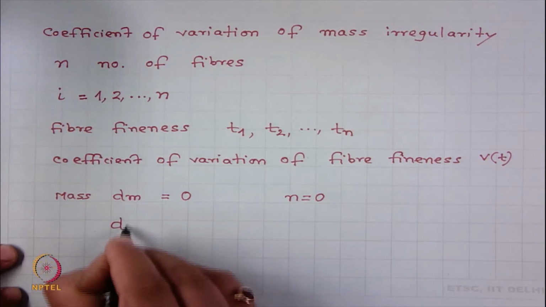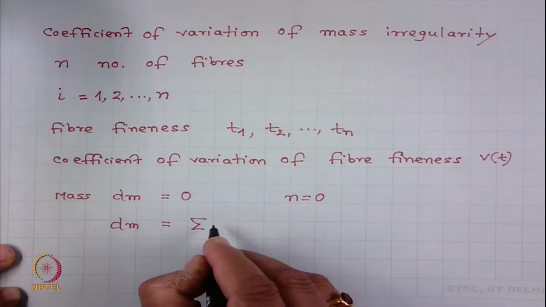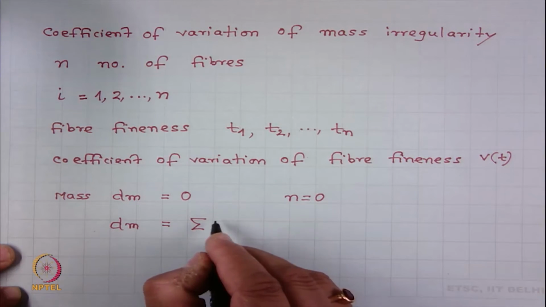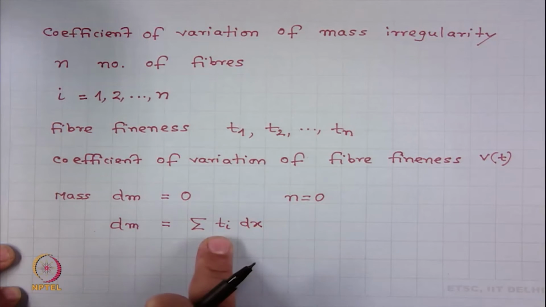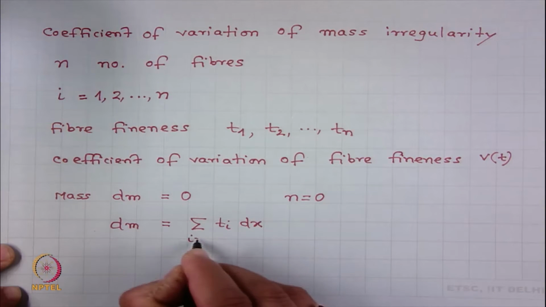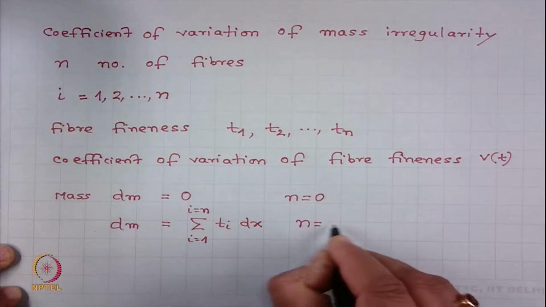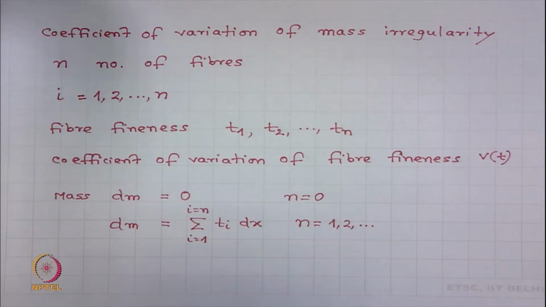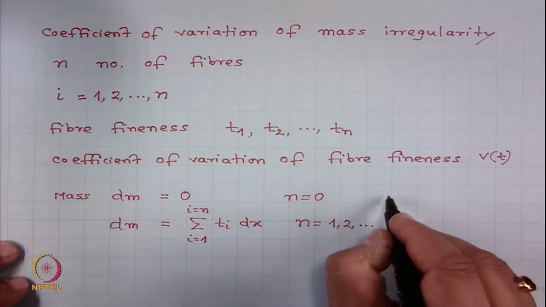Otherwise, the mass will be the summation of all fiber masses. What is each fiber mass? That is fiber fineness into length, mass per unit length into length, and the summation runs from i equal to 1 to i equal to n. So, this is the mass of the sliver element.